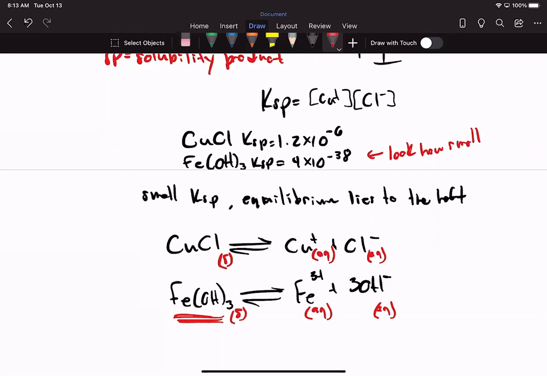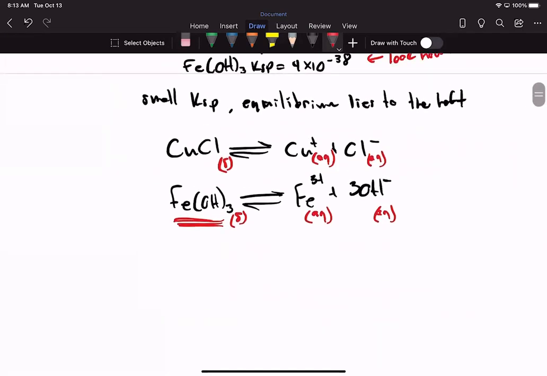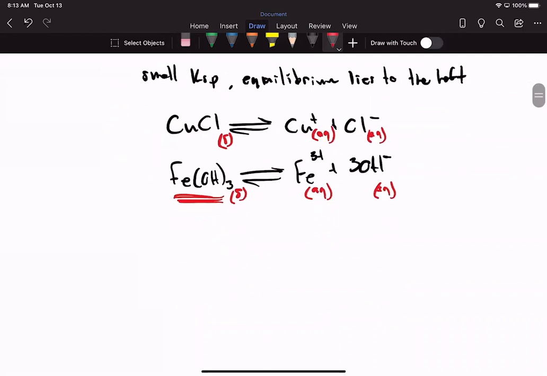Copper chloride's Ksp is still small, but not as small as this 4 times 10 to the minus 38, so we could consider this to be slightly soluble. So the smaller the Ksp, the equilibrium lies to the left.